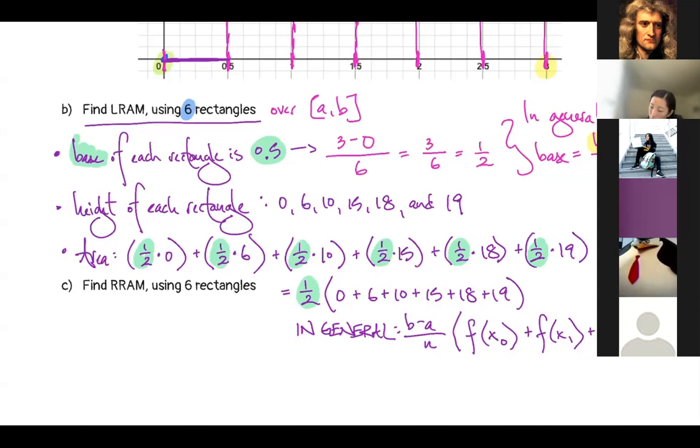And this n minus 1 just means do not use the last y value. Okay, so that's what this means. You go all the way until you're almost at the end, but you do not use the last y value.